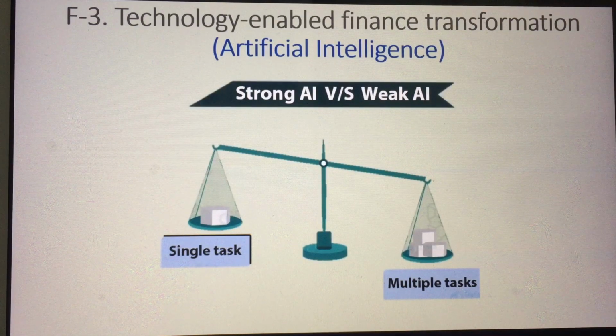ChatGPT, the very famous ChatGPT, is also an example of weak AI. Alexa, Siri, all of them are examples of weak AI. So, what is an example of strong AI? Right now, there is none yet. Strong AI is just on the book. In application itself, there is no strong AI yet.